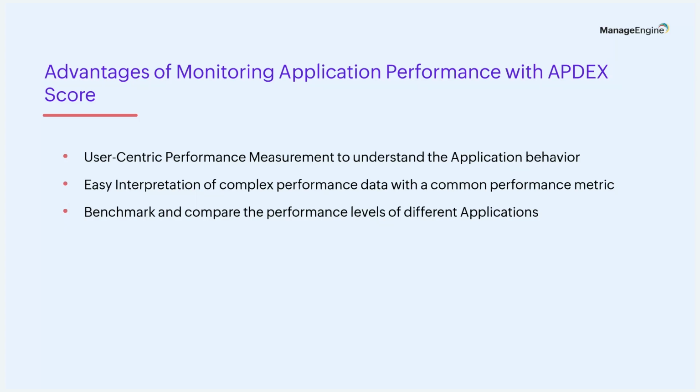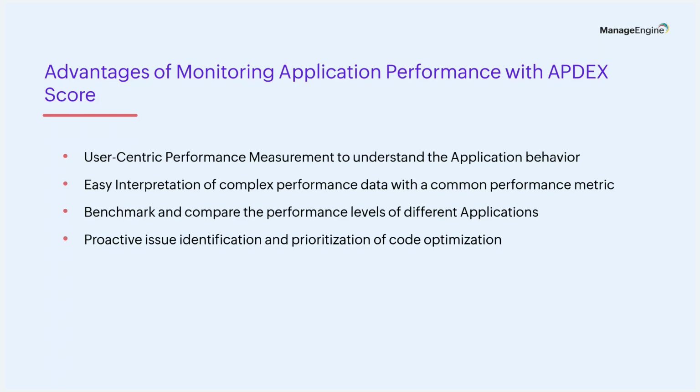Third, APDEX allows organizations to benchmark and compare the performance of different applications. This helps identify the high-performing systems and encourages consistent improvement across the IT environment. And the fourth is that APDEX supports proactive issue identification and code optimization as well. When performance drops below acceptable levels, low APDEX scores highlight critical transactions that need attention.